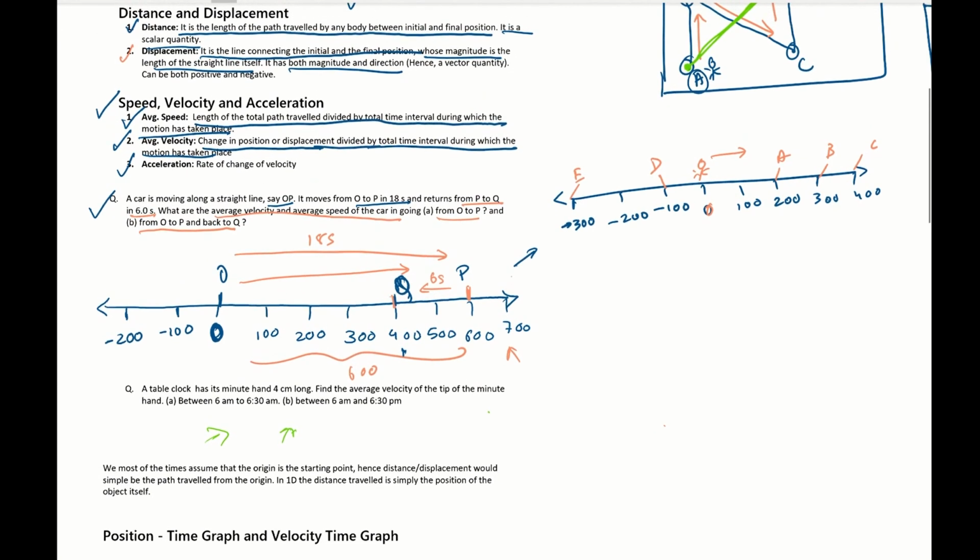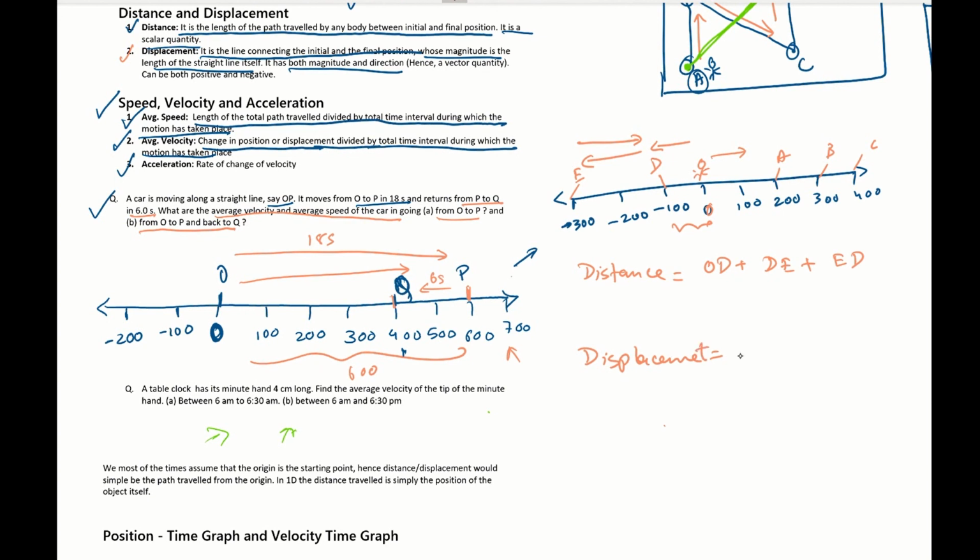My question is, I would like you guys to understand what happens to distance and displacement when it moves in the negative direction. So let us say the person moves from origin to point D, O to D, and then the person goes from D to E, and then the person comes back from point E back to D. All right. So what is the distance and displacement in this scenario? Well, distance is nothing but the length of path from O to D plus D to E plus E to D, right?